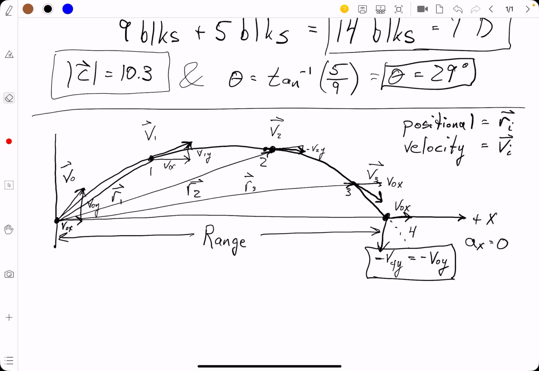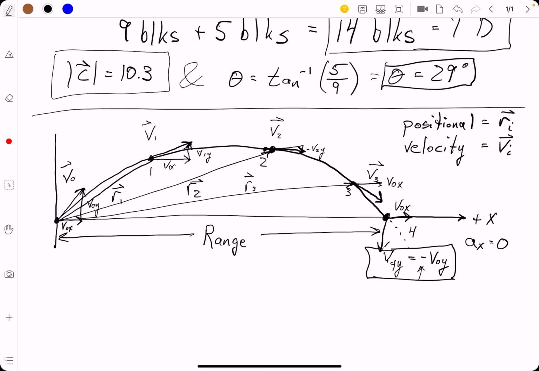Our vector happens to be negative V0y. It's definitely pointing down, we know that. So whatever calculations we do with V4y, we're going to have to make it negative. We've got to have this negative sign in there, one way or the other. So that's how it works.